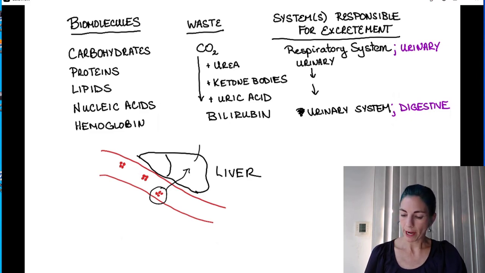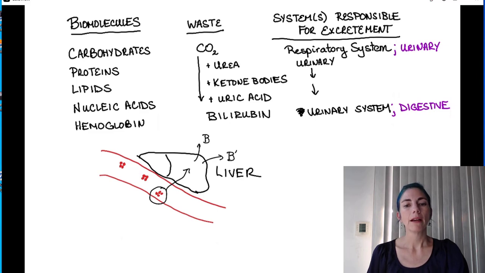The liver is going to break them up into two different forms of bilirubin. I'll just say B and B naught. B naught, which is like the urobilinogen, is going to go back into the bloodstream. And once it goes back into the bloodstream, it is likely to be excreted out via the urinary system.